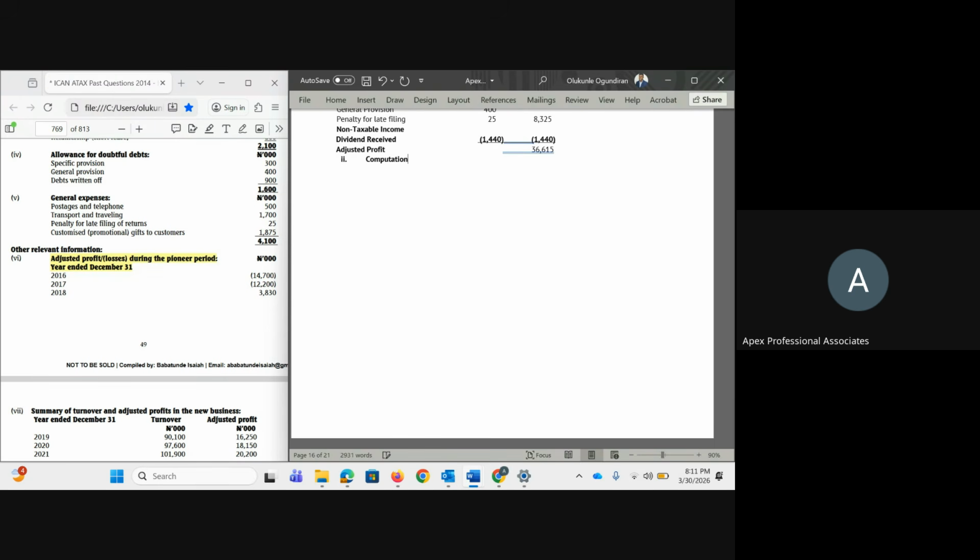Are we together? Of tax liability for 2019 to 2023 years of assessment.